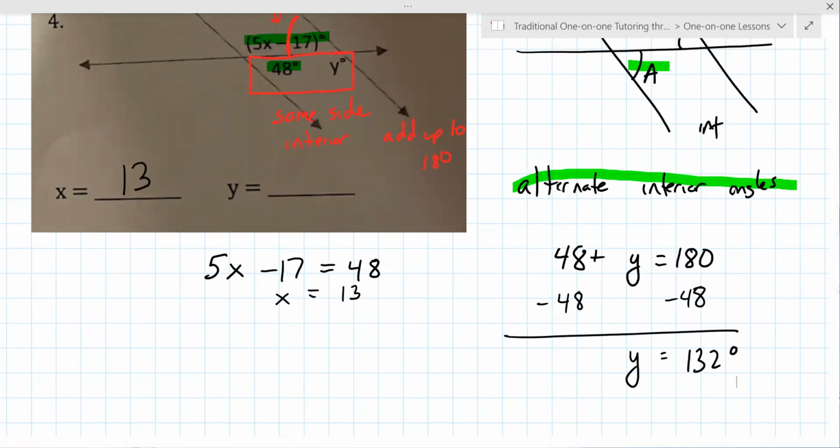All right. Did you get this work down for problem 4? Great. I got it down. Fantastic. All right, let's look at question 5.